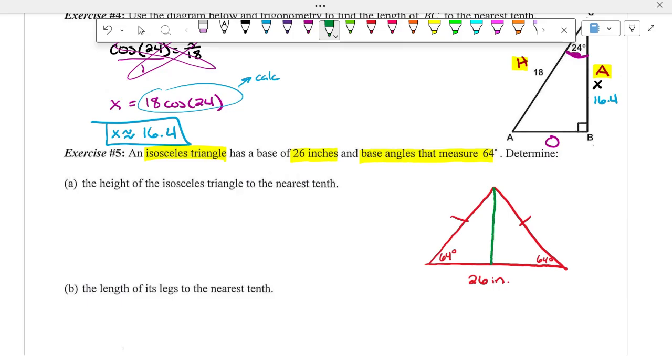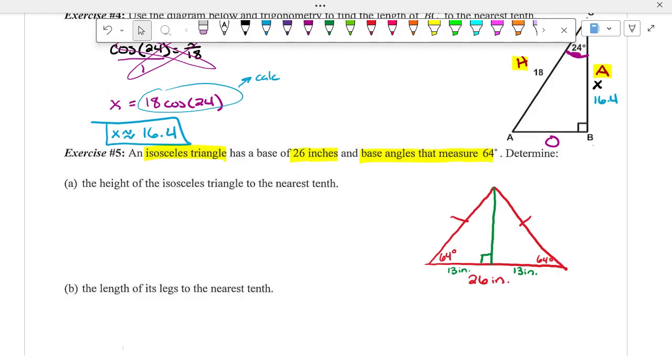It makes it into two what? Right triangles. So these angles will be right. It also does what to the base? It splits in half. So that means that this little piece is 13 inches. This little piece is 13 inches.